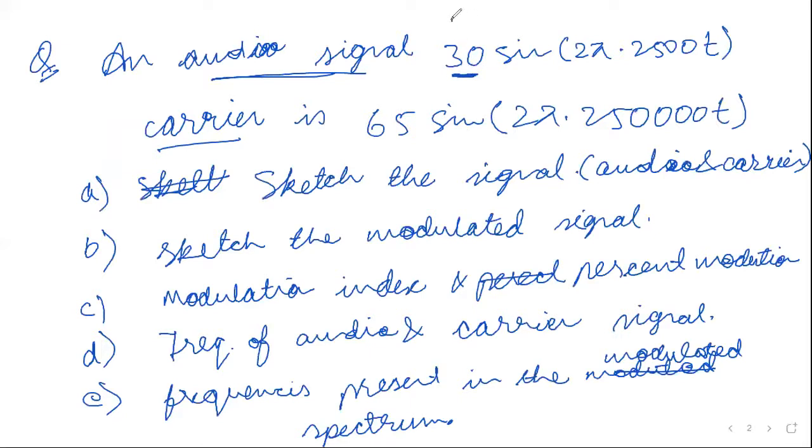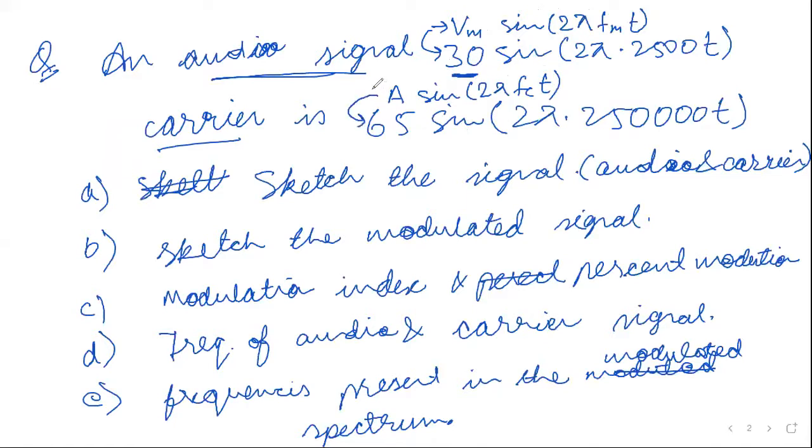So this equation you can compare with Vm sine 2 pi fmt, and here the other equation is A sin 2 pi fct. When we compare them, we can easily find out the values of A, Vm, fc and fm.